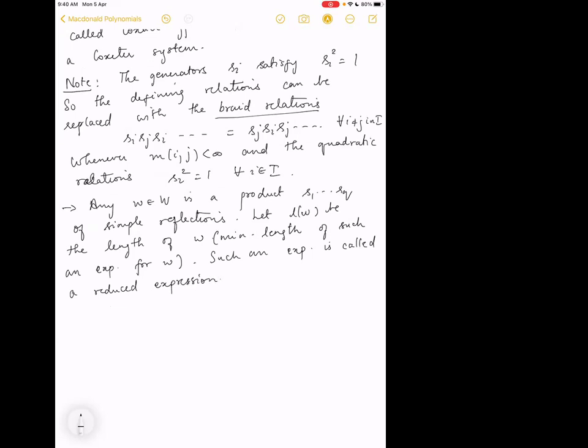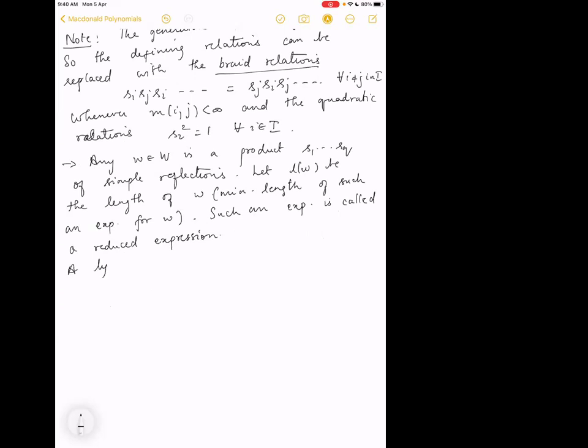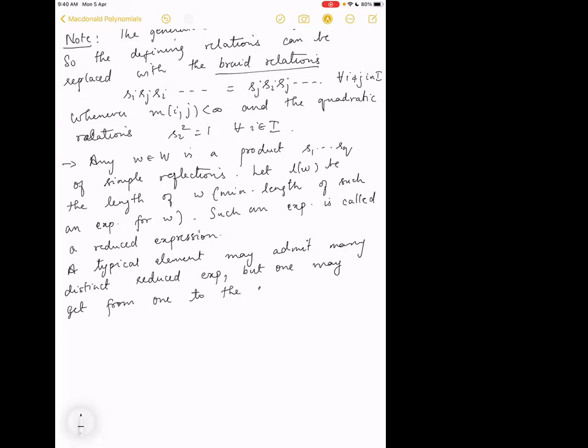Of course, given any w in W, there might be many different reduced expressions for it. So a typical element may admit many distinct reduced expressions, but one may get from one to the other using these braid relations.